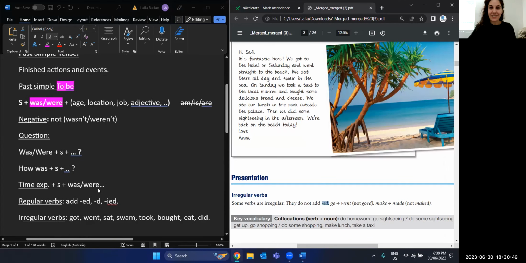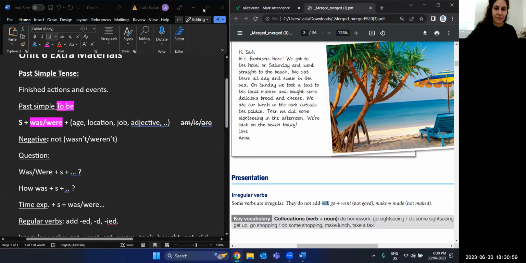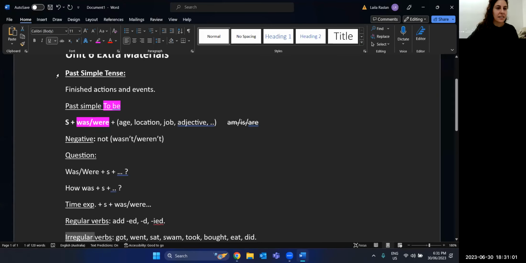So that's it for unit 6. So what we learnt, let's go back. We learnt that we have this way of speaking when we want to talk about finished actions and events.